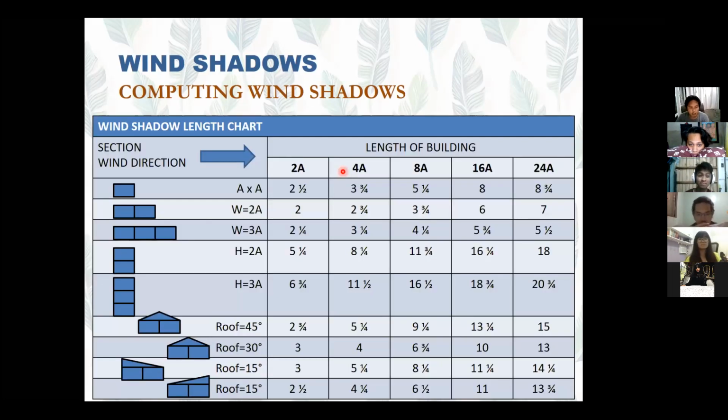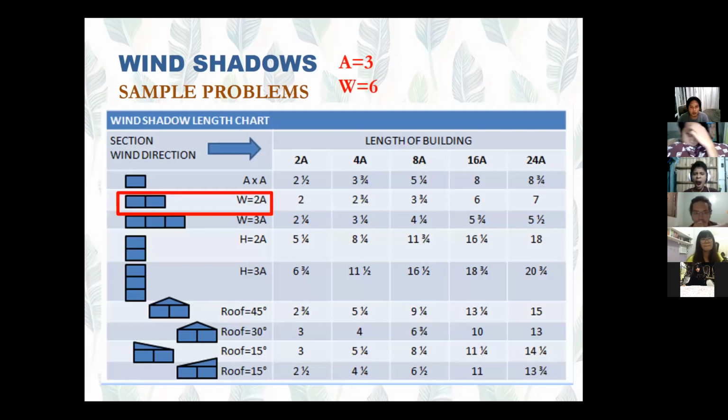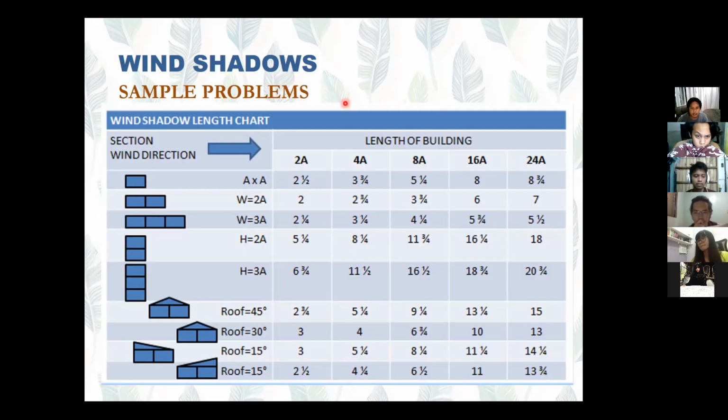So let's assess that design. So given a structure, for example, 6 meters width, 3 meters height, 24 meters ang length. Gaano kahaba yung wind shadow? You assess. Yan lang. So, width to height ratio is 2A. Yan.